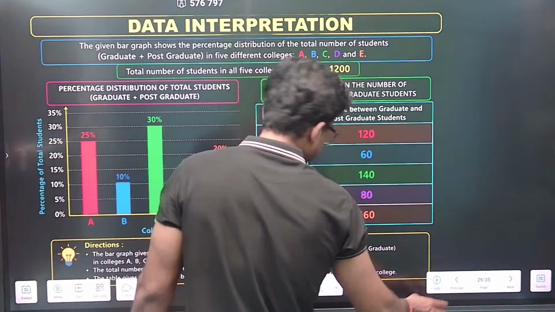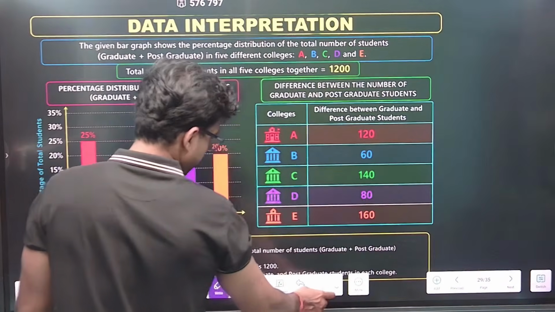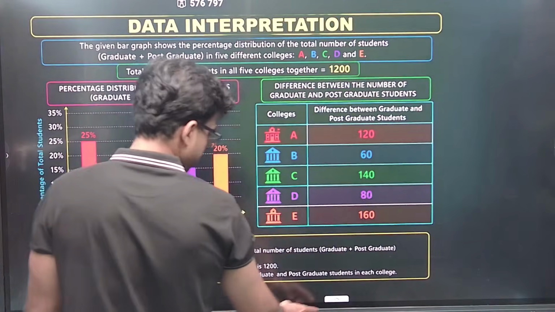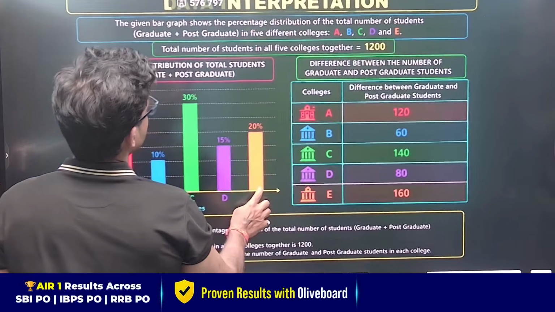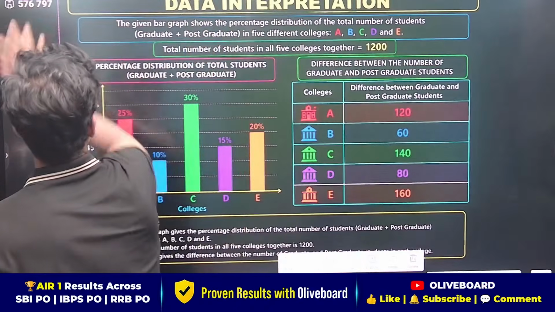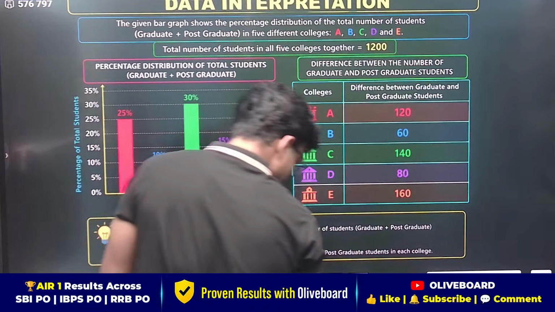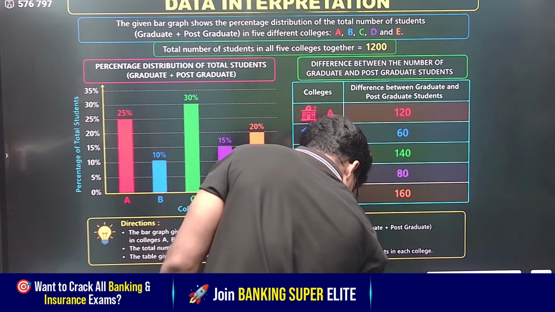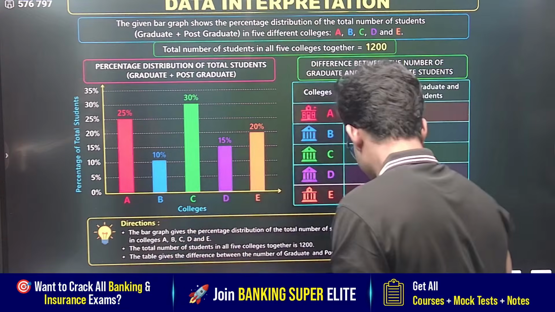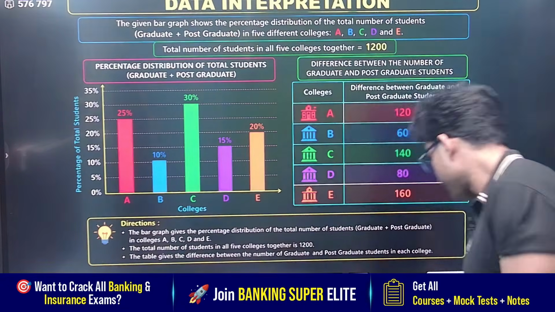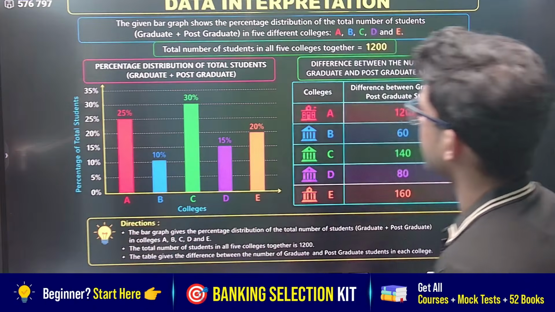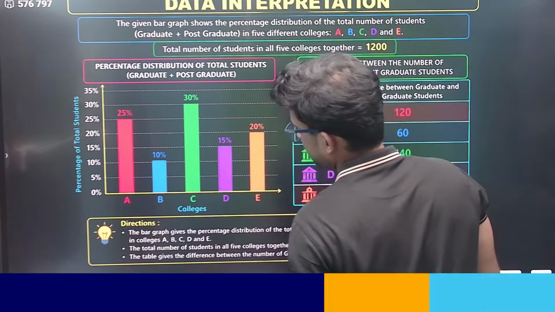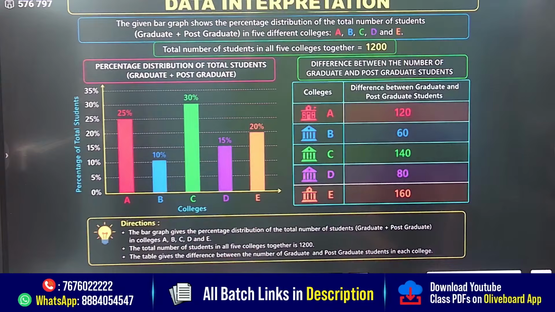Please see this DI. Now we have the percentage distribution of total students, graduate plus postgraduate, and we have the difference between the number of graduate and postgraduate.